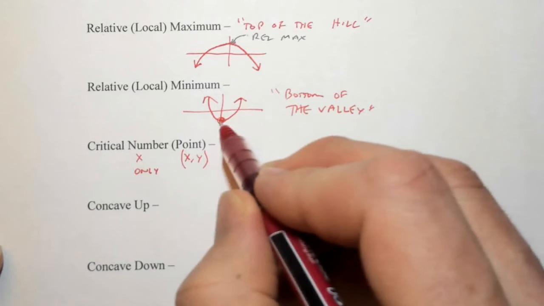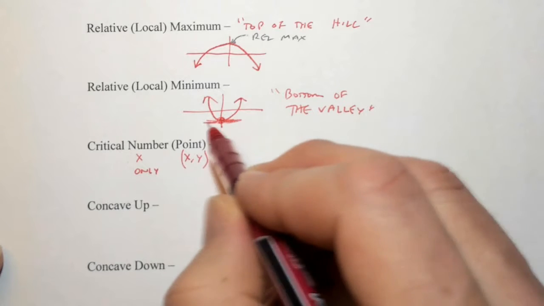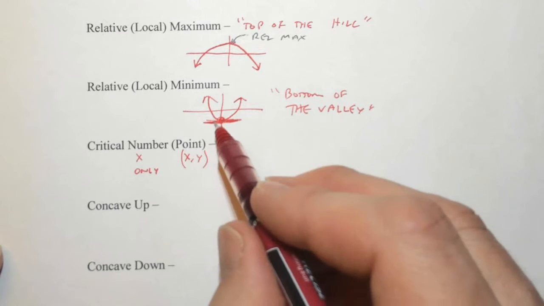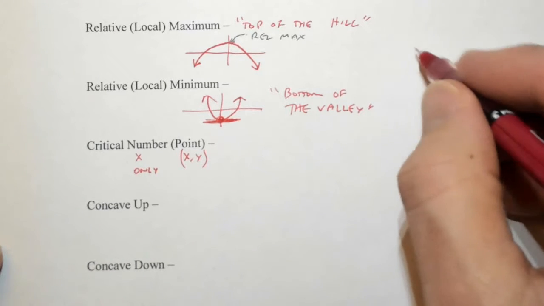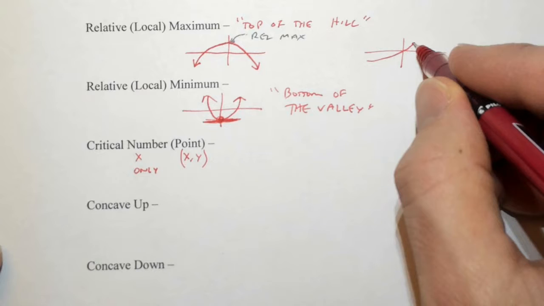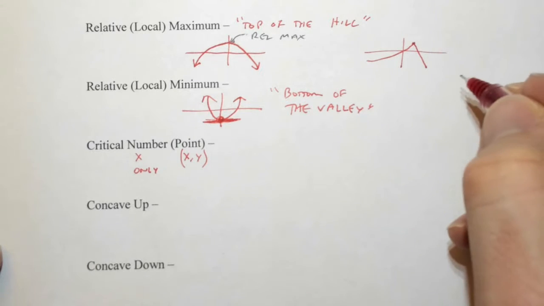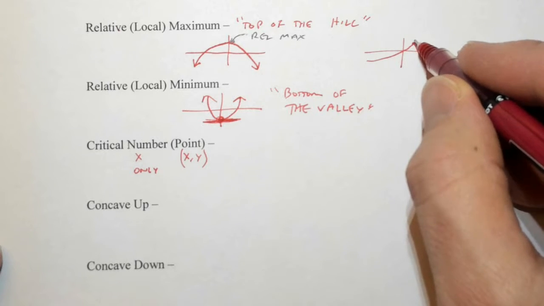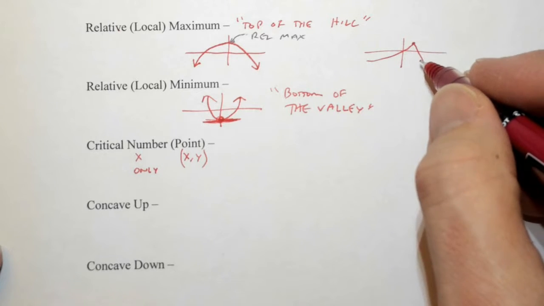Well, the derivative is either going to be equal to 0, because we know the derivative is the slope of the tangent to the curve, so we have a horizontal tangent line, or we might have a situation where we go up and then we drop. Now that is a corner or a cusp. It's also the top of a hill, top of a mountain if you prefer, and that is the spot where the derivative does not exist.